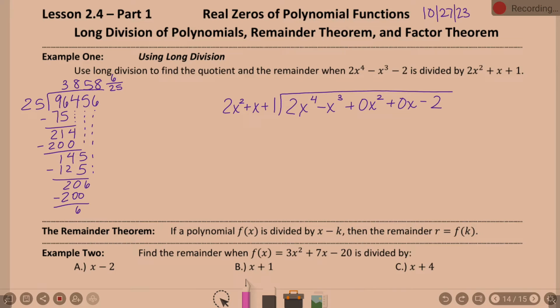Now, you remember what you're doing? Technically we have 3 terms we're dividing by, so we're going into 3 terms. But what I need you to look at is just the first terms here. When we were little, we would say, how many times does 2x squared go into 2x to the 4th? Or think 2x squared times what is 2x to the 4th?